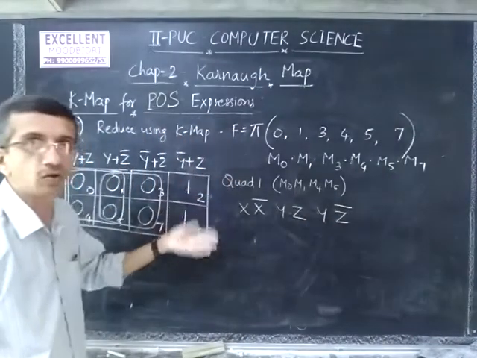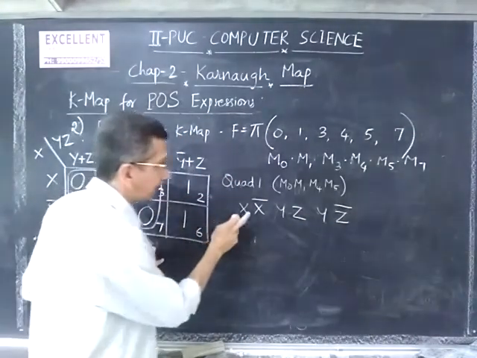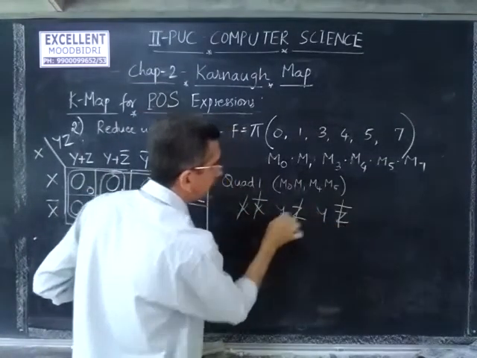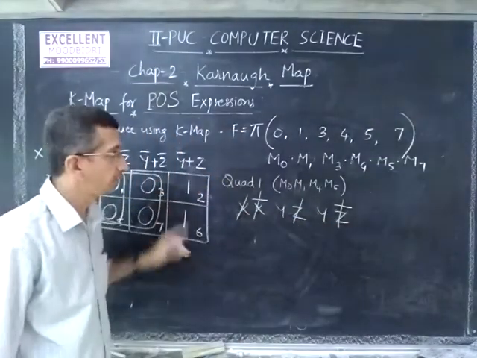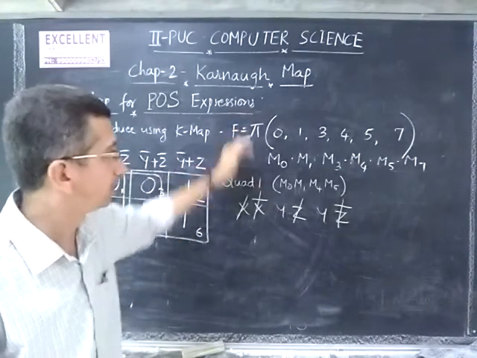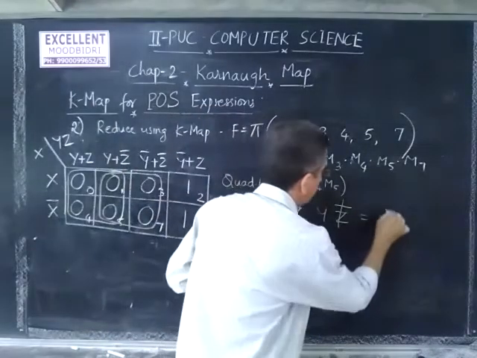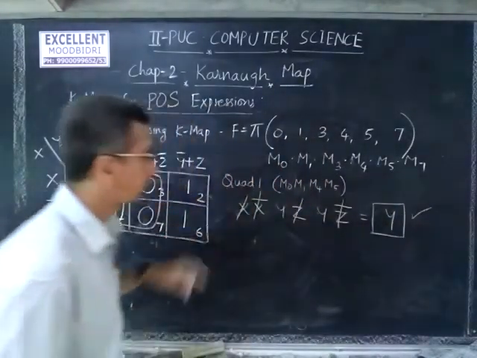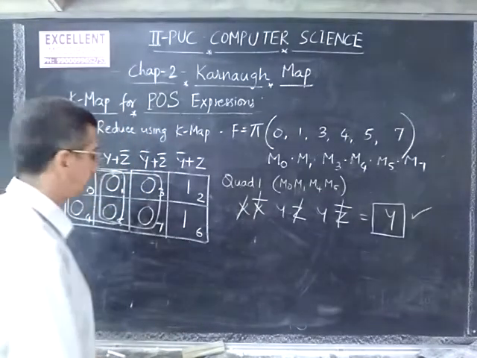You can write as it is or you can write plus also, no problem. Cancel x with x bar, z with z bar, only left out is y. Since a quad reduces 2 variables, this is a 3 variable expression, so one is left out, which is y. So from the first quad you will be getting y as the remainder.